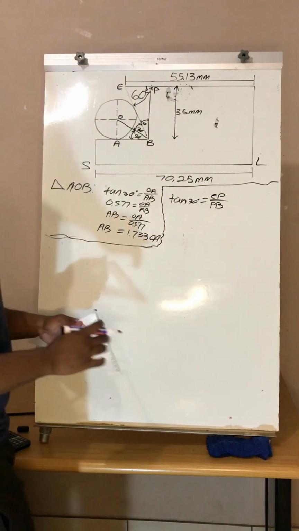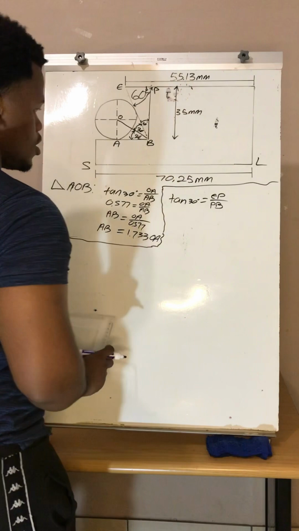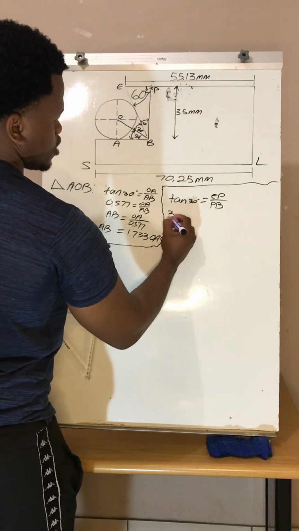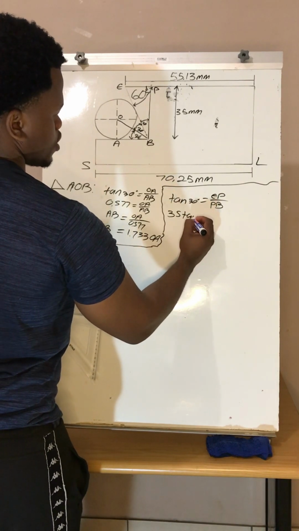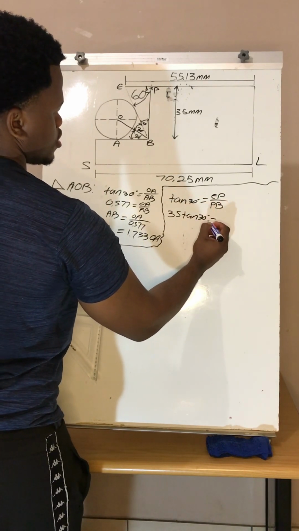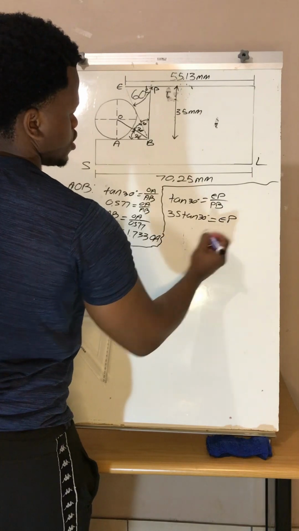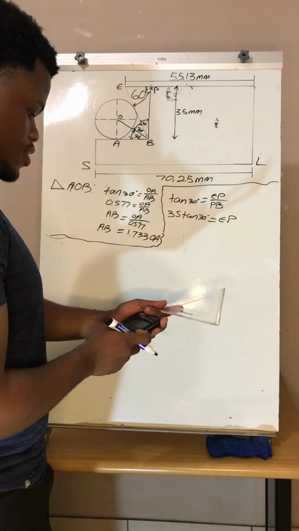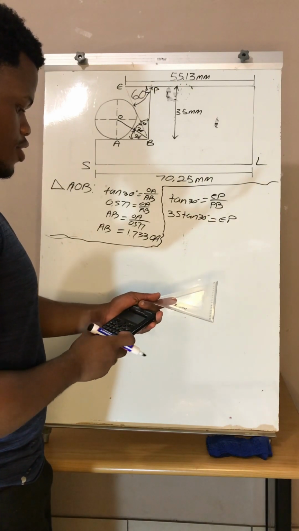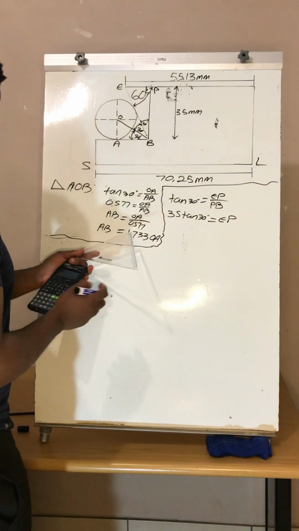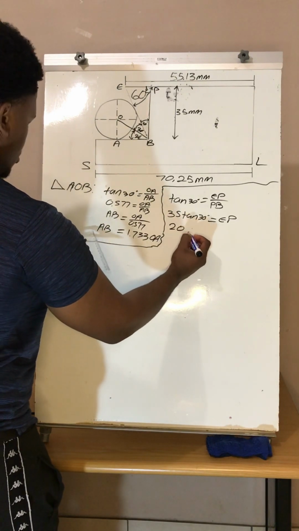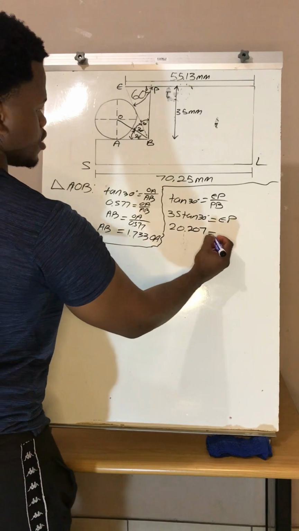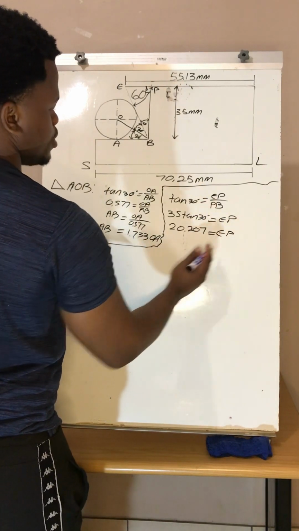Our PB is 35, so 35 tan 30 is equal to EP. So 35 tan of 30 degrees, you get 20.207 is equal to EP.